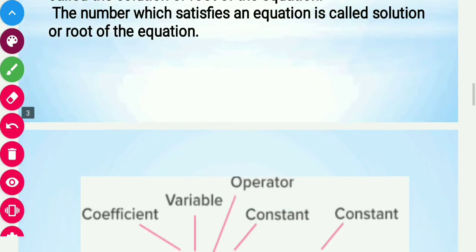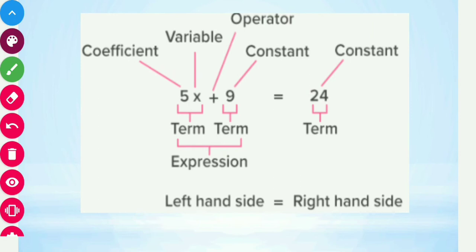Now friends, let's move to one more example. Here we have 5x plus 9 is equal to 24. 5x is one term, and it is added to 9. So 5x plus 9 has two terms, which is a binomial expression, and it is connected with another term on the right hand side by the equality sign.